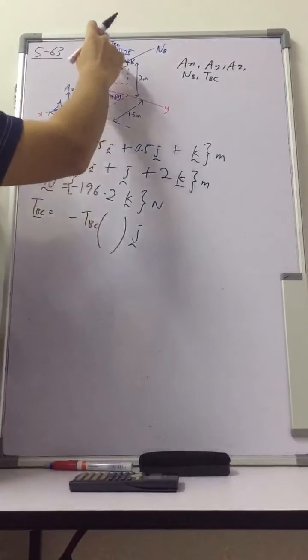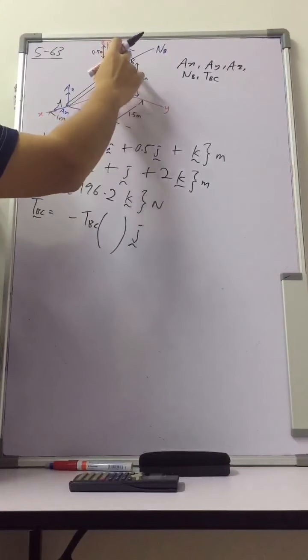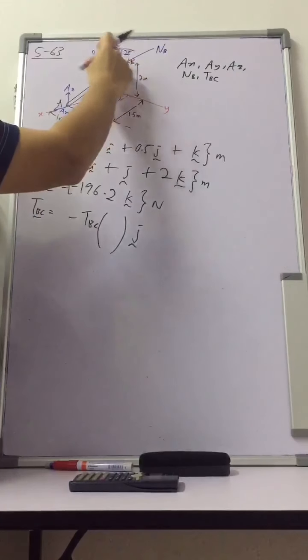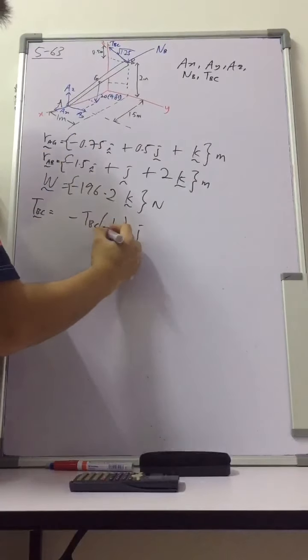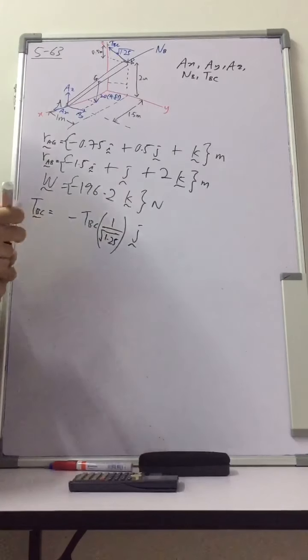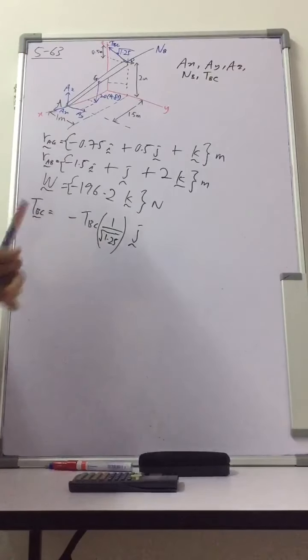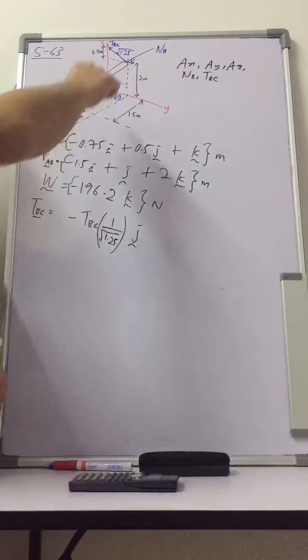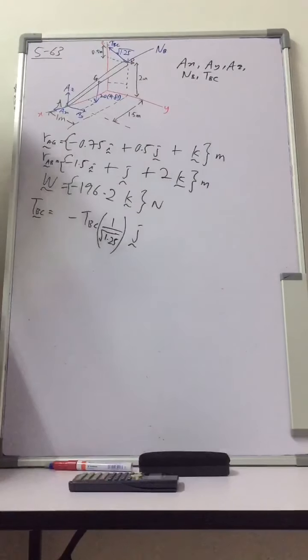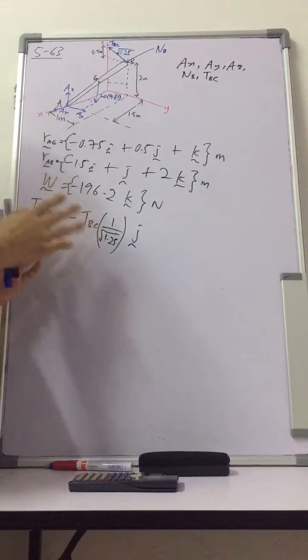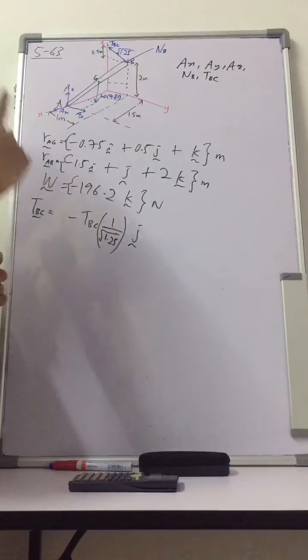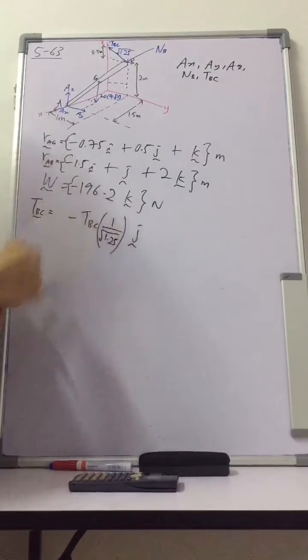We use this relation. The y is this over that, so it will be 1 over root 1.25. This is simply the cosine of this angle. So this is trigonometry. I'll just give a brief explanation, so if you think you don't understand this, please go back to trigonometry.